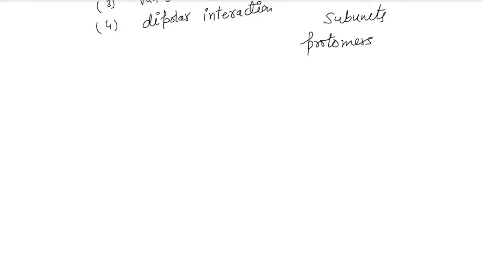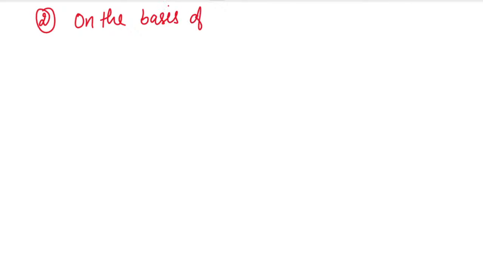The first classification we have done, that is on the basis of their molecular structure. Now we are going to discuss the classification on the basis of chemical composition, or we can say on the basis of the nature of products they give upon hydrolysis.